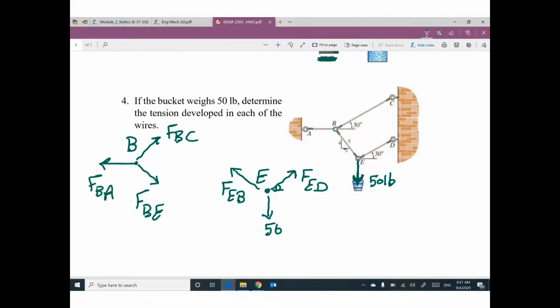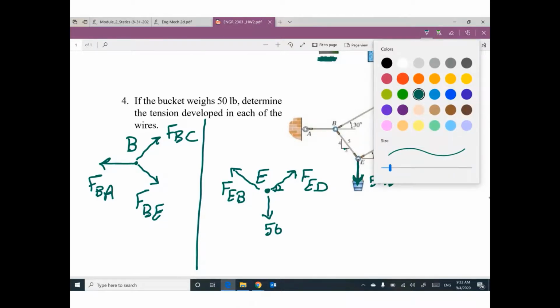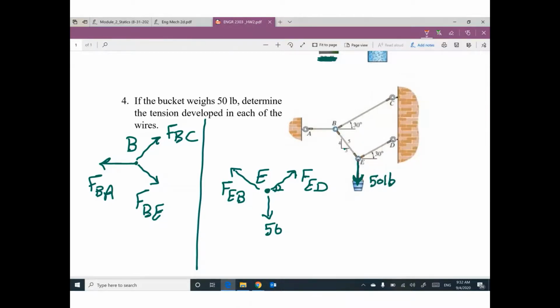So we have two joints in equilibrium. Which one will I start with? You have to ask yourself this question. I need to start with the particle with the least number of unknowns. Here, this one is unknown, this one is unknown, this one is known, so we have two unknowns.